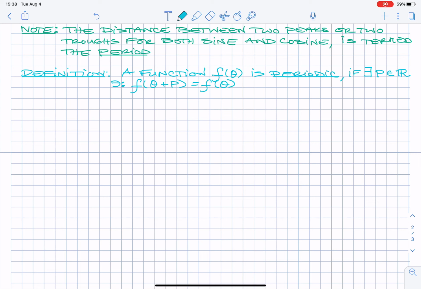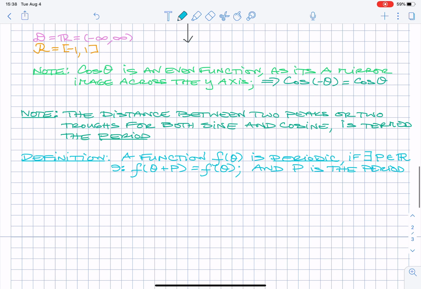So if these are true, then f is periodic, and P is the period. So that's what we mean by the period.